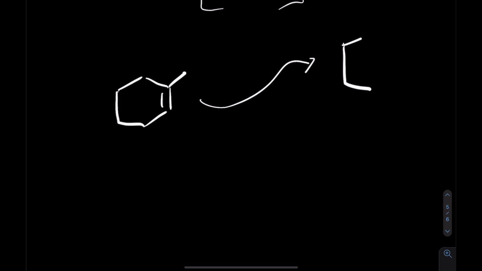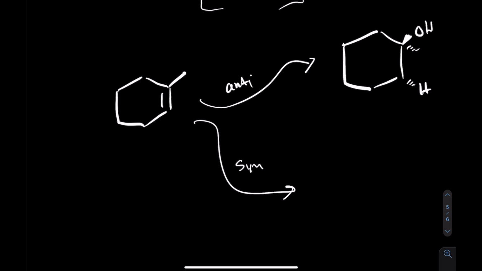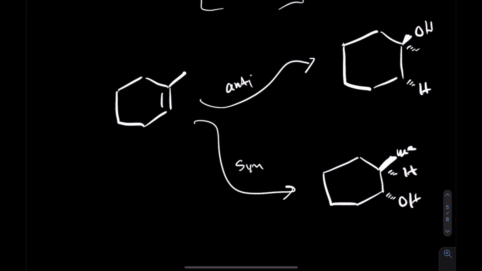If I were to give you this product and say what I'm looking for from you is a way to make the alcohol with an anti-addition, as in the alcohol is going to end up on the opposite side of the added hydride, or I'm looking for a syn addition, where the alcohol goes on the other side along with this proton.